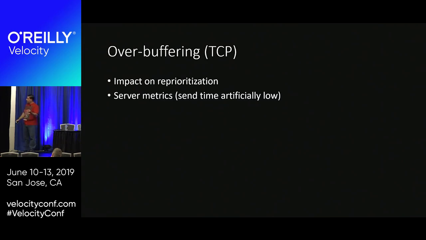The other thing to watch out for is that when we buffered the TCP send buffers correctly, a lot of our server metrics went in the wrong direction. When we had really large TCP send buffers, the server thought it sent responses completely very quickly because it sent them into the send buffer and was done with it.